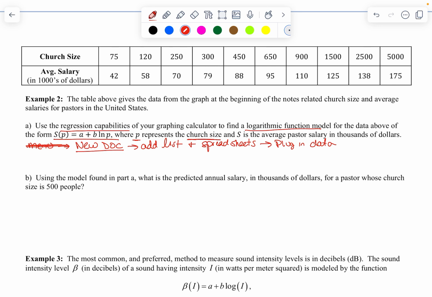And then for B, that's going to be the S, which is the salary.